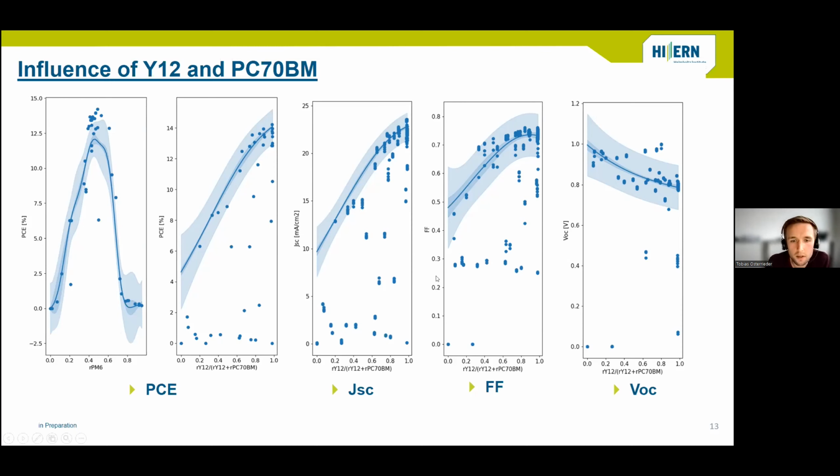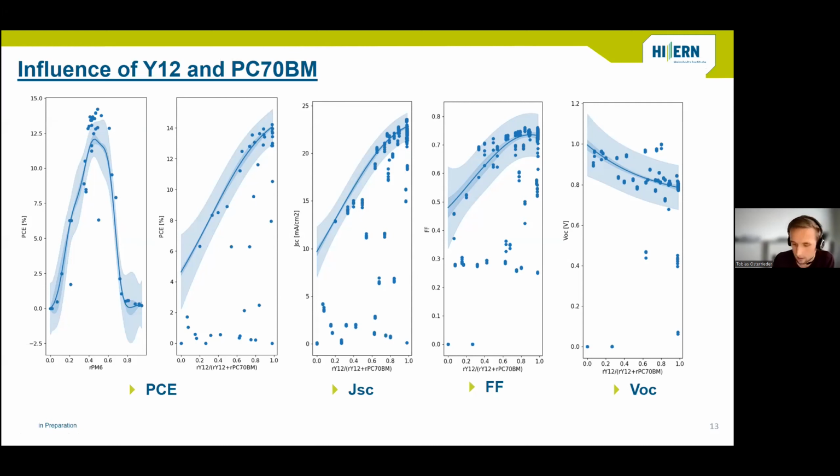This is mainly because the JSC increases if we have more Y12 in our cells, while the VOC decreases if we have more Y12, because the PM6 PCBM system can create a higher VOC than the PM6 Y12 system. And for the fill factor, we have an increase, but around 0.9, it doesn't get any better, or it actually gets a little bit worse. So for the fill factor, a little PCBM is in our case actually a little favorable.